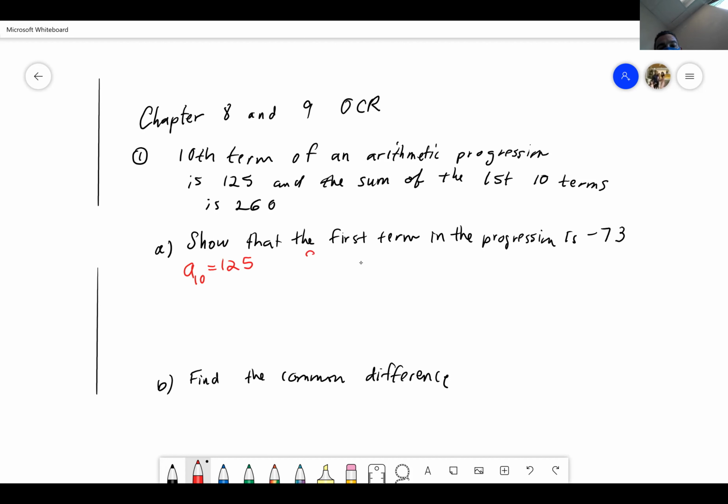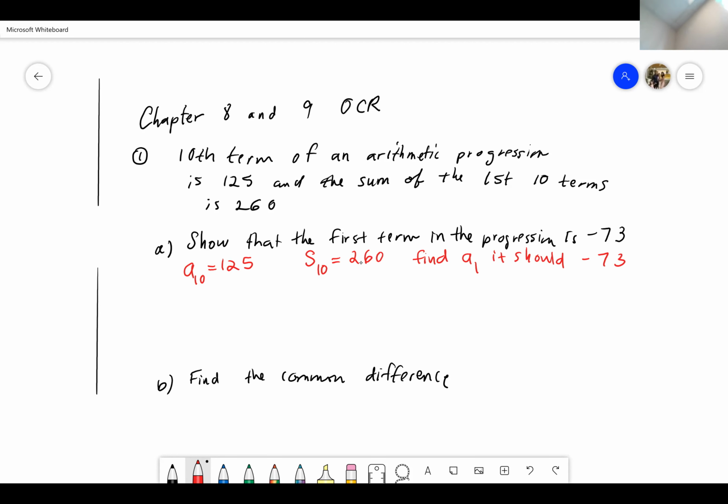But when you add up the first 10 terms, you get 260. So they want you to show that the first term is negative 73. So they say, find A sub 1. It should be negative 73.